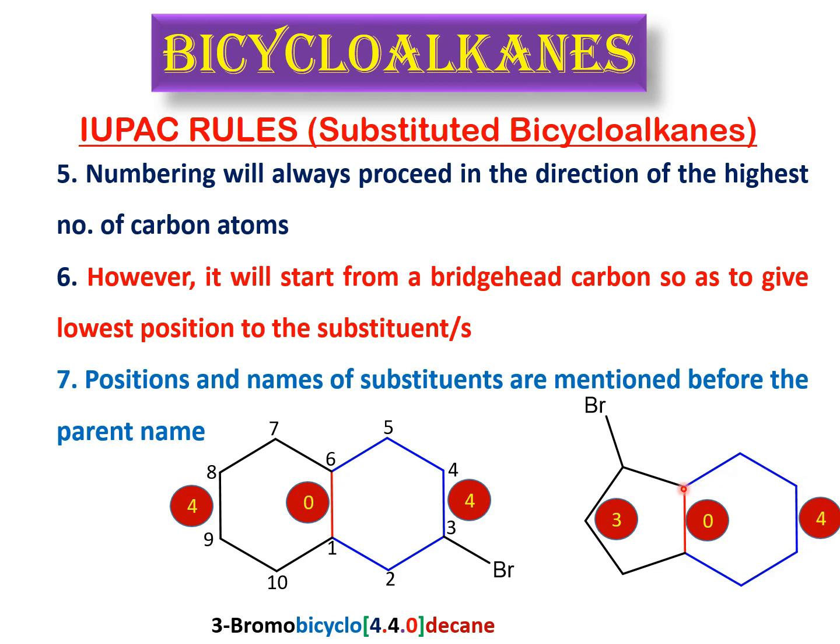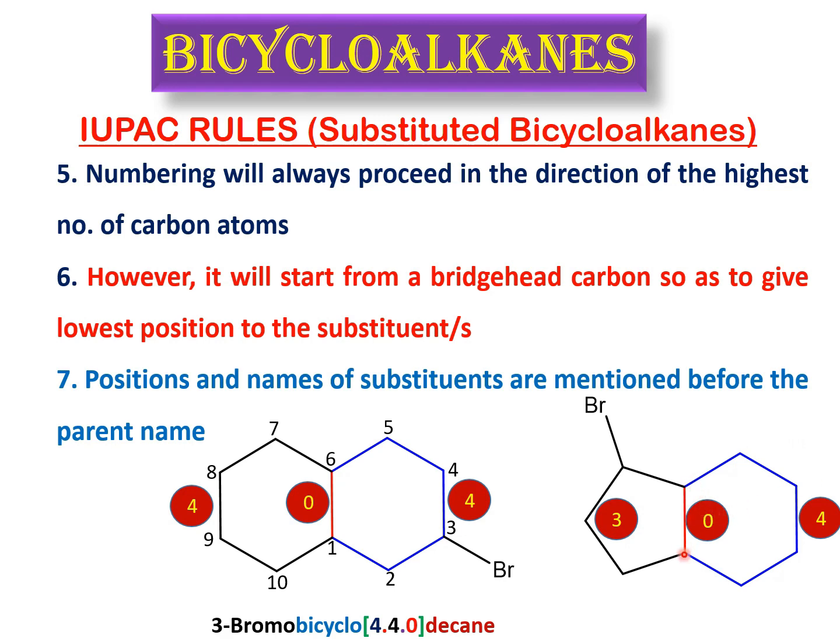So if you start from here, then bromine will fall at 1, 2, 3, 4, 5, 6, 7, 8, and 9. But if you start from here, then bromine falls at 1, 2, 3, 4, 5, 6, and 7. You cannot start from here and proceed in this direction because bromine will come at 2, because this side does not have the highest number of carbon atoms.